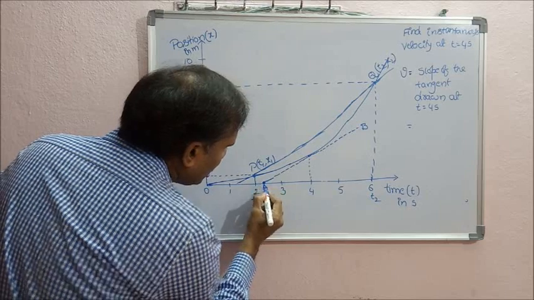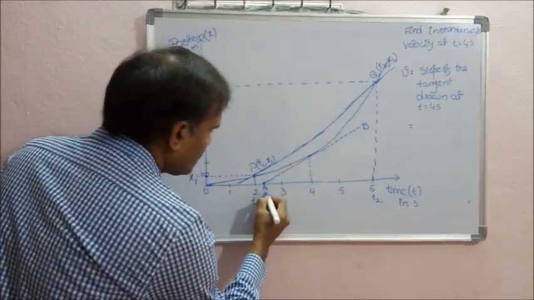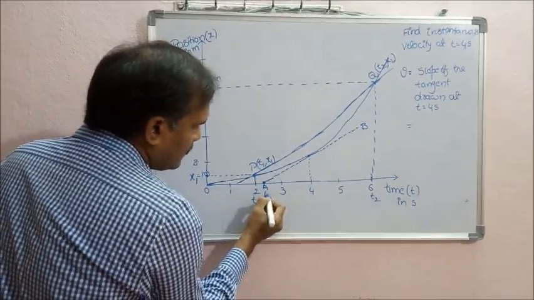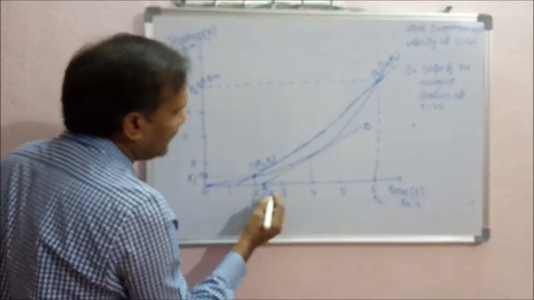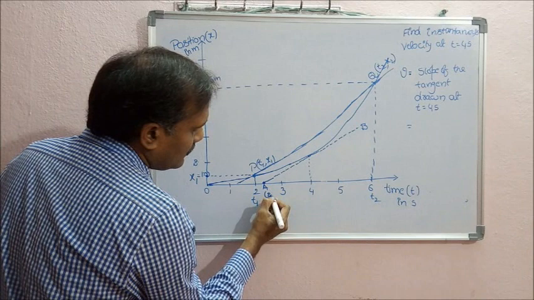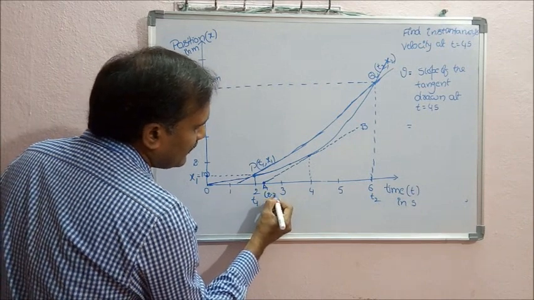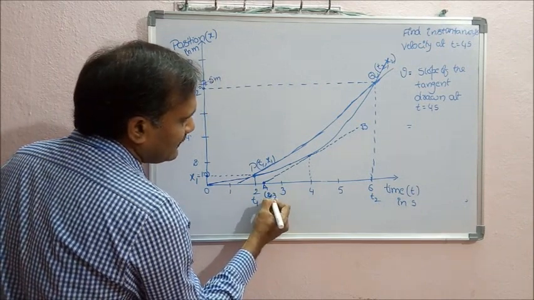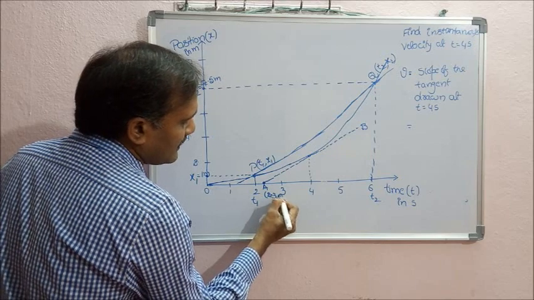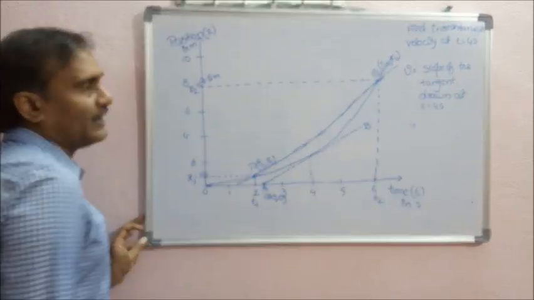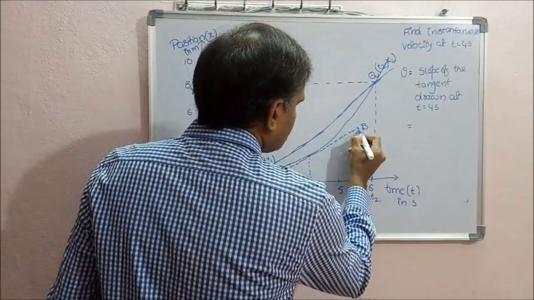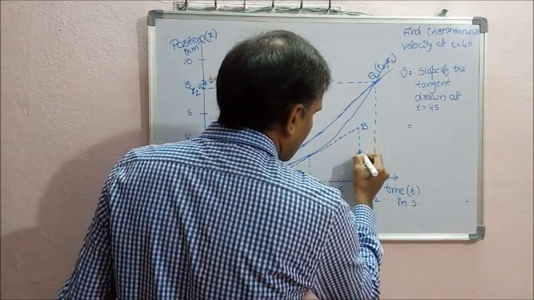Okay, what are the coordinates of A? Here, from here to here, the time I want to consider as 2.3 seconds, comma 0. Y coordinate is 0, x coordinate is 2.3. Now you can drop a line in this manner.